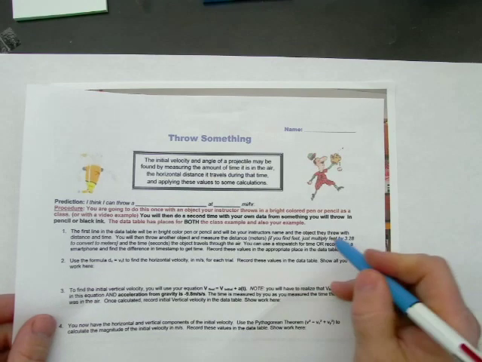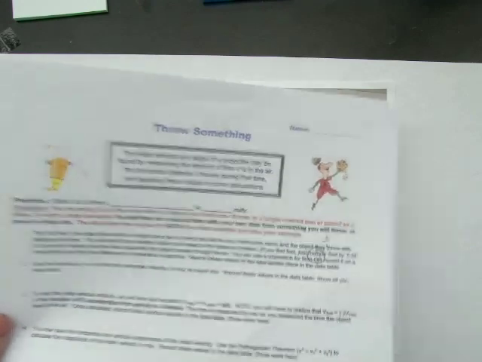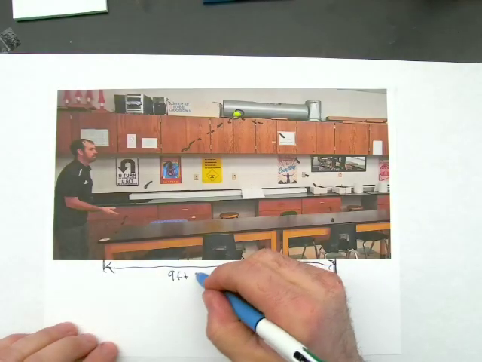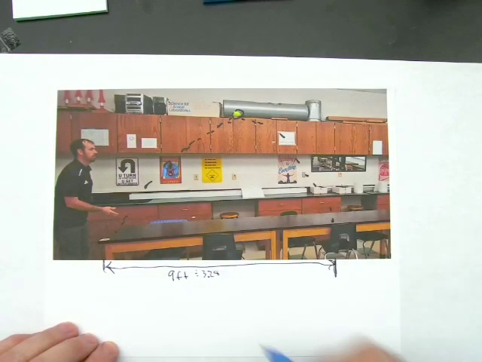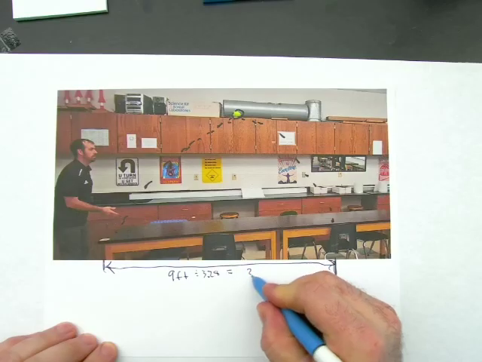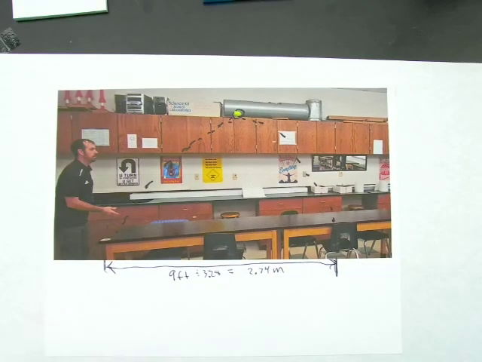That's actually wrong. That should say divide by 3.28. And we're going to find that our distance was 2.74 meters.